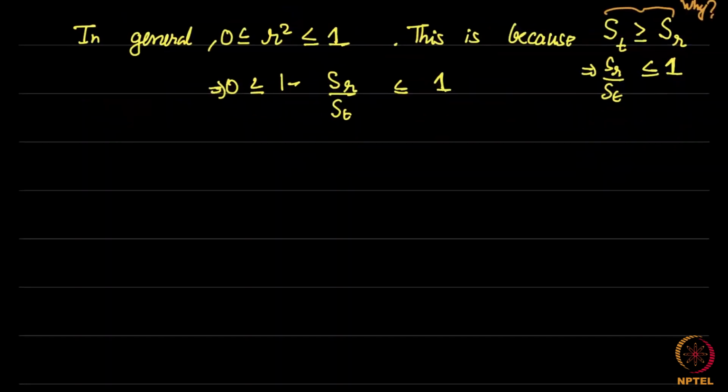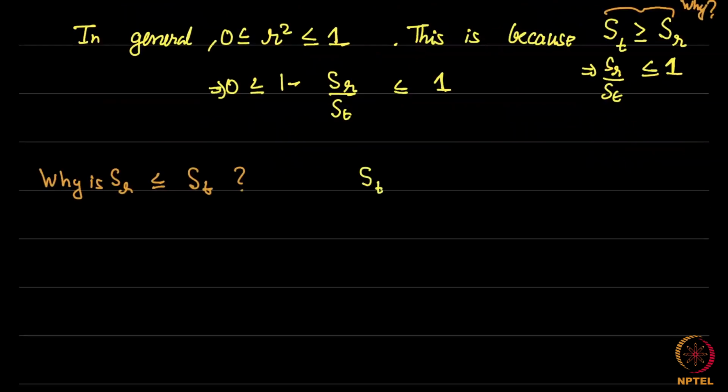So I'll try to give you an explanation here. You will need to think a little bit more about what I'm saying. So why is SR less than or equal to ST? Now remember what these two quantities are.